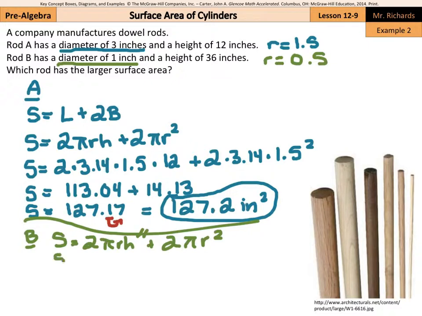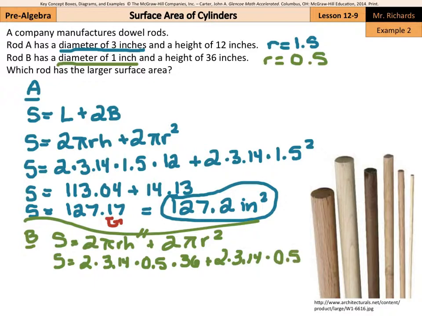So surface area is going to equal 2 times 3.14 times the radius of 5/10 times a height of 36 plus 2 times 3.14 times our radius of 5/10 squared.